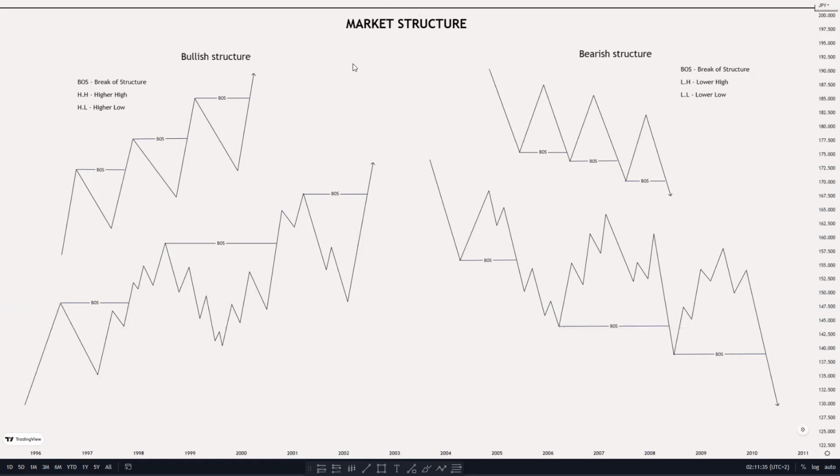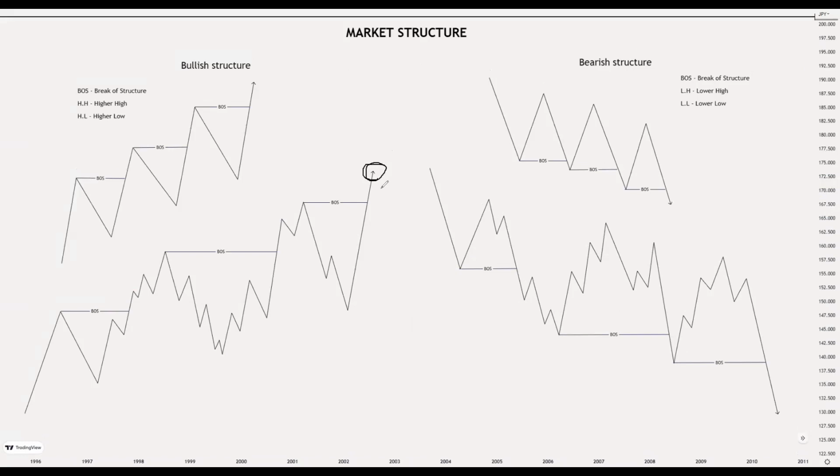For example, you can open your chart at any time and look for selling confluences or buying opportunities in the same place. Say you open the chart and the price is here. Without knowledge of market structure, you can find both buying and selling confluences in the same place.